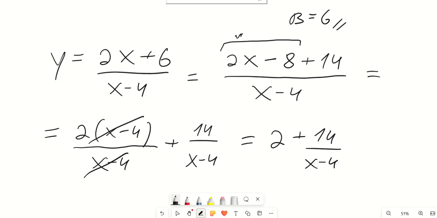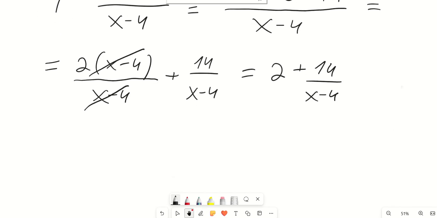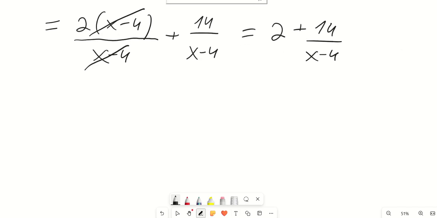So this is the first step. I just reorganized or simplified this function. Now in the next step, I have to start with the function 1 over x, and I need to end up with this function right here.